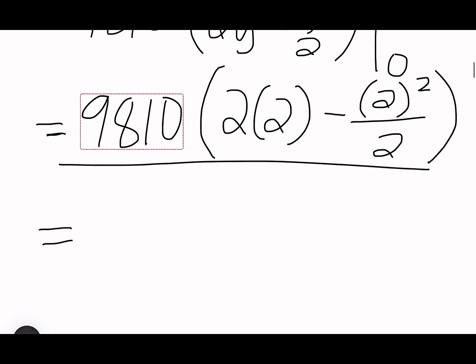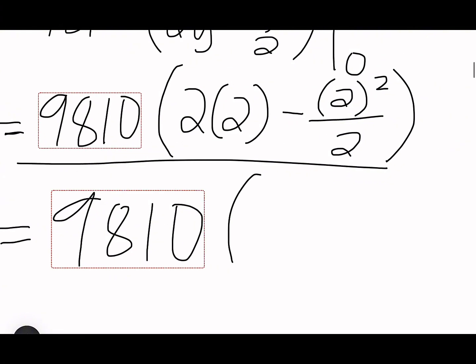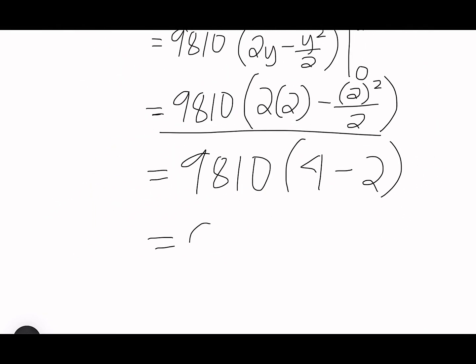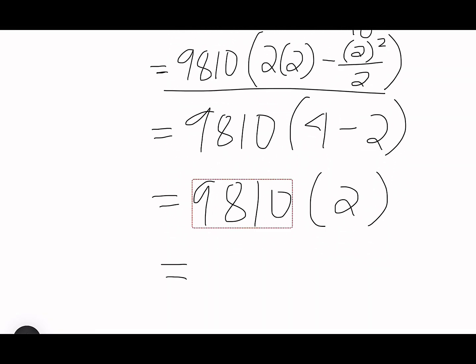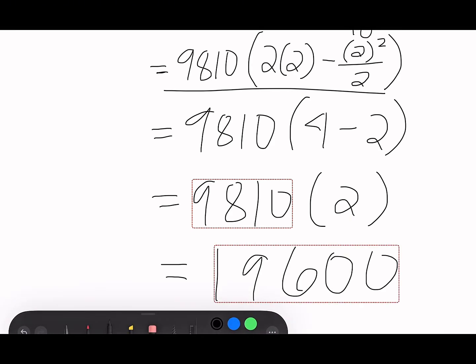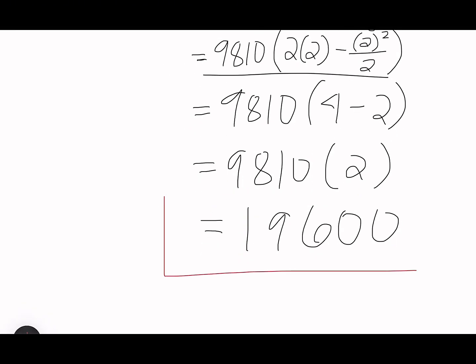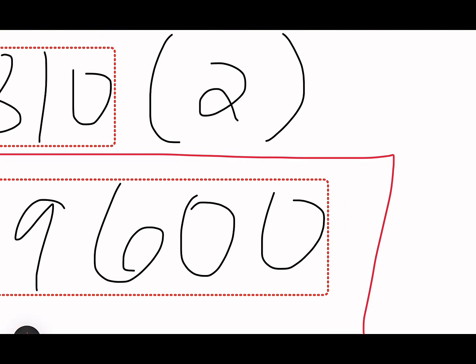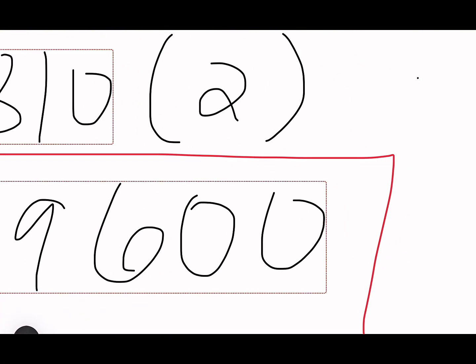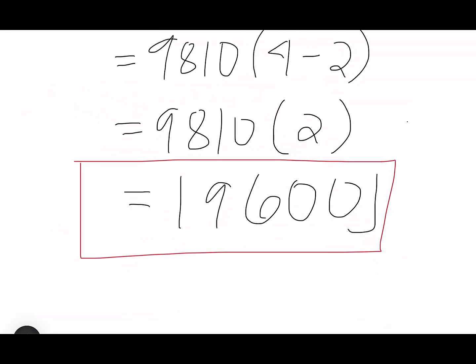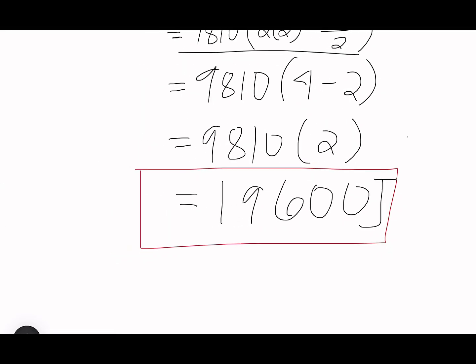Just copy first the 9810, and it's going to be 2 times 2, 4, minus 2. So it's going to be 9810 times 2. So our final answer is 19,620. Oh, don't forget the unit. So it's going to be J. So this is our final answer.